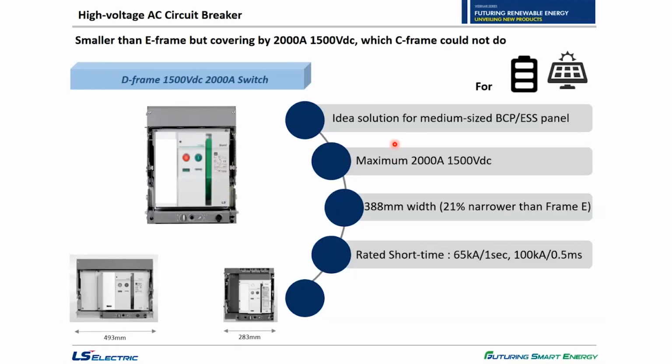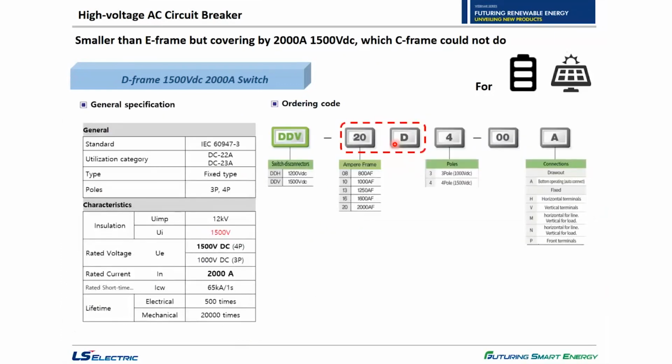Based on our internal test, we verified that its rated short time withstanding current will be 100 kiloamps during 50 milliseconds. So this will be another protective option just in case of delay of DC fuse. According to the total battery power, you could consider not only a 3-pole product for 12,000 volt DC, but also 4-pole products for 1,500.